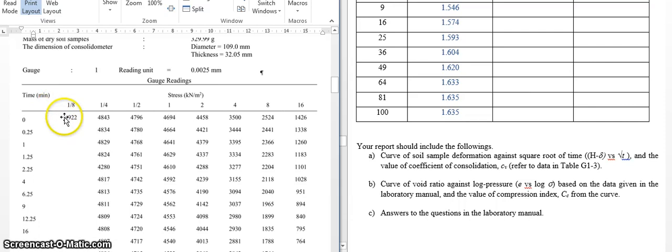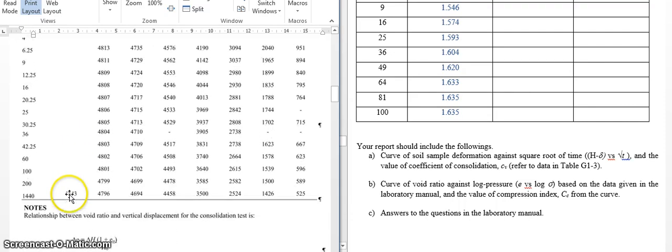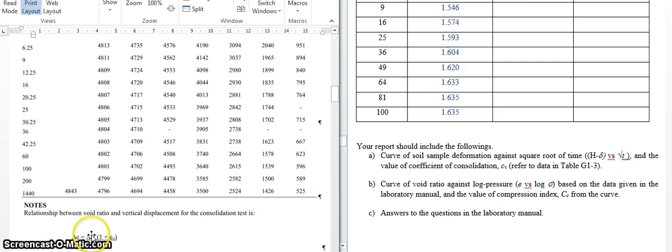Or you can also do the bigger data minus the smaller, because it is asymptotic actually. So delta H times 1 plus the initial void ratio.